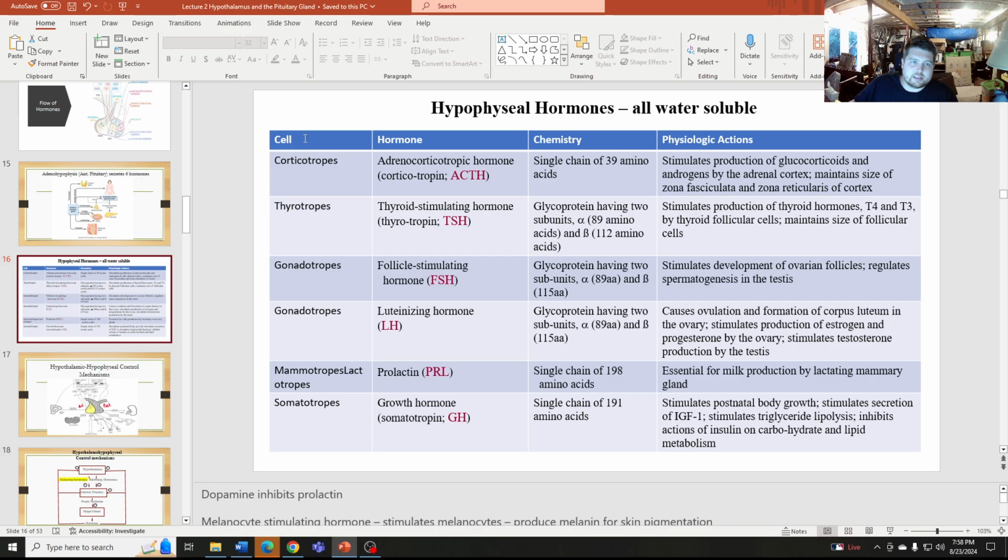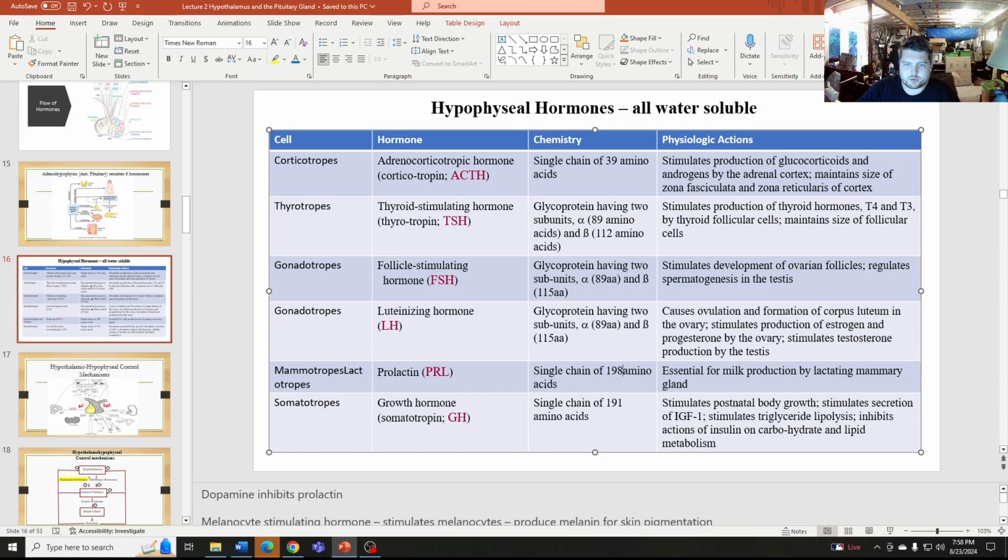We have the cell type, the specific hormones, 1, 2, 3, 4, 5, and 6 hormones, and their functions. Don't give too much concern to the chemistry. If your professor wants you to know the actual chemistry of them, they will let you know. Typically, this isn't one to worry that much about, but it's good information to have.